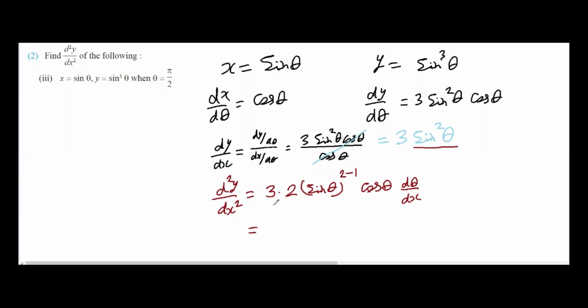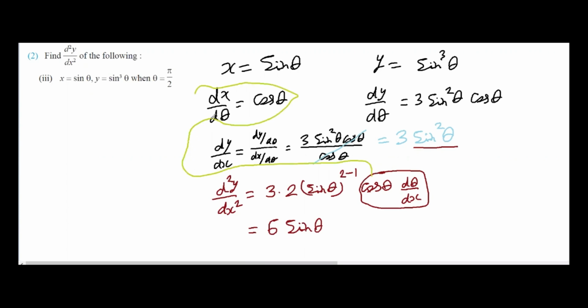Okay, now 3 into 2 is 6, so I will write here 6. This will be sin theta, and this cos theta, d theta by dx, I am going to substitute from here. This d theta by dx is equal to 1 by cos theta.